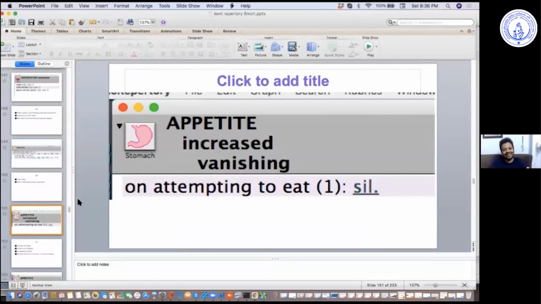And yesterday we learned Silica. What is the difference between appetite canine and appetite ravenous? Appetite canine comes from the word dog, no? Canine.